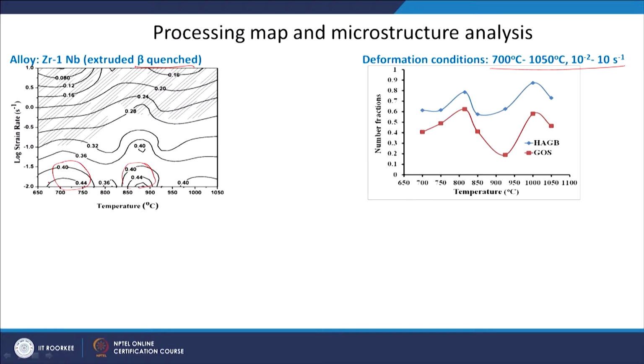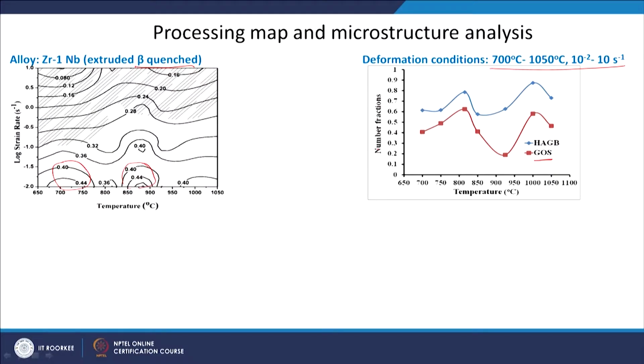And when we did the microstructural analysis, as I have already mentioned, there is a parameter called grain orientation spread that tells you whether a grain is recrystallized or not. If it is recrystallized, then the grain orientation spread value should be low.